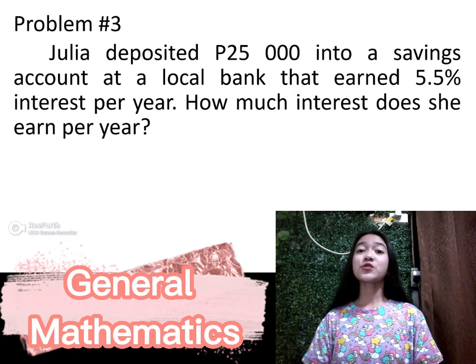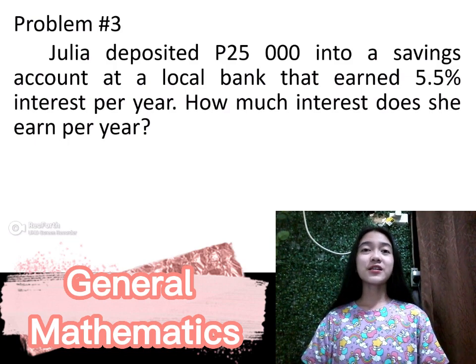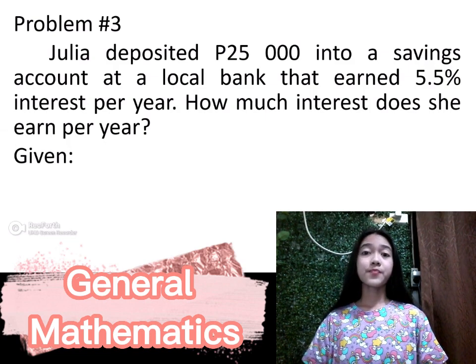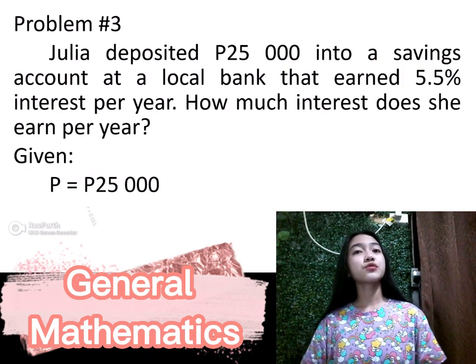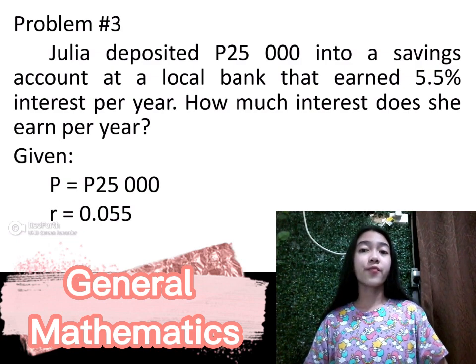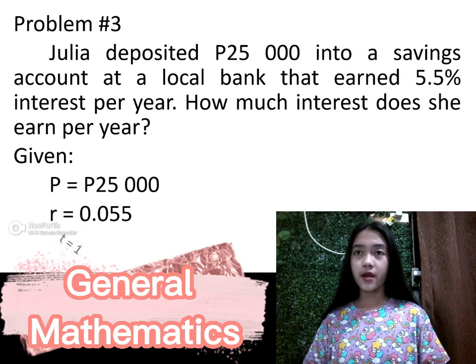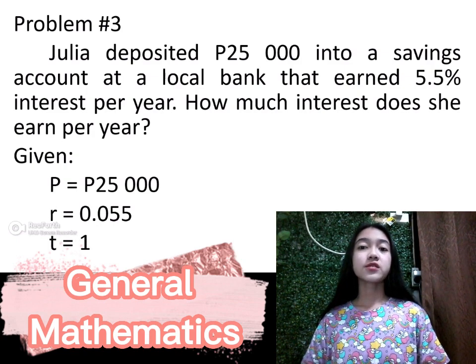First, to answer problem number 3 correctly, we'll have to find the given of the problem, which are P = 25,000, R = 0.055, which is the decimal form of 5.5%, and T = 1, which is 1 year. Next, we'll have the solution.